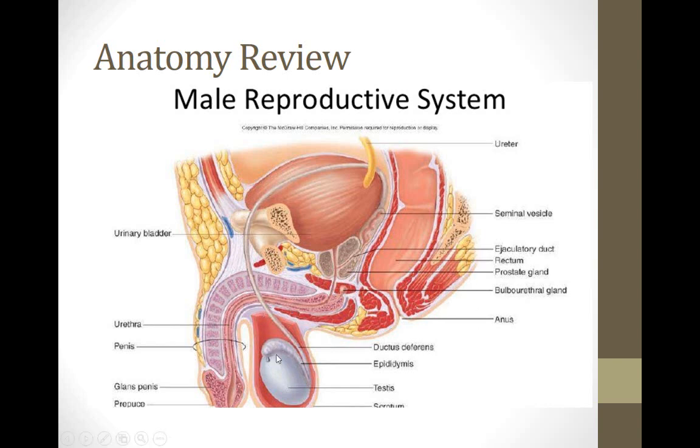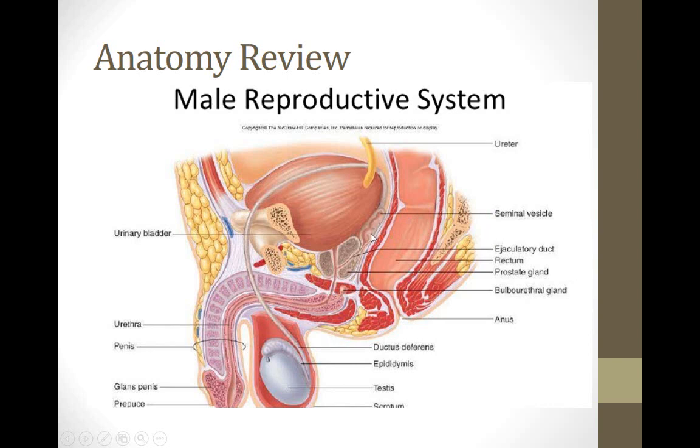Once the sperm have matured in the epididymis and the male has an ejaculation, the sperm then travel through the ductus deferens, otherwise better known as the vas, V-A-S, vas deferens, and they flow up and around the bladder, and then join right here with our first gland called the seminal vesicle, or the seminal gland.